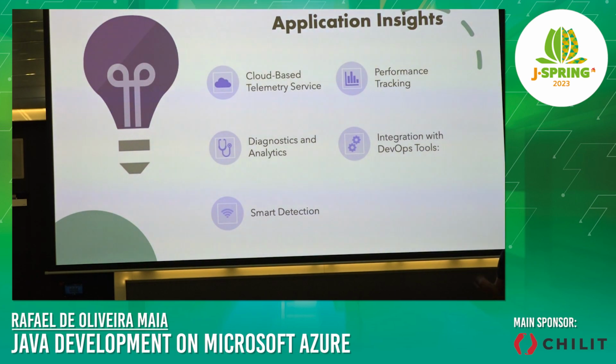Microsoft also implemented a very interesting feature called smart detection. Basically, the AI doing things again. It sees a few strange behaviors in the application, a few 500s or 403s that should not be there. It will automatically create a metric for you, or perhaps even a trigger for an alarm.